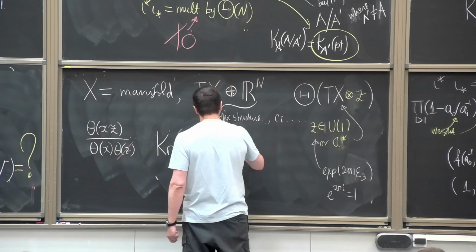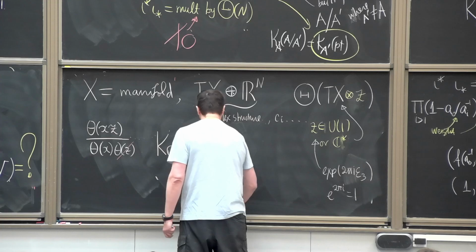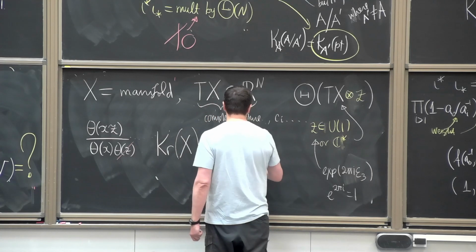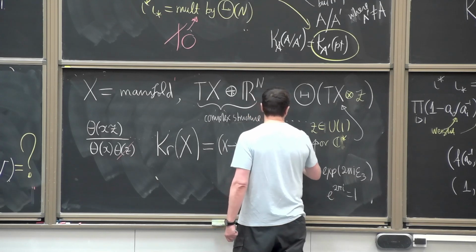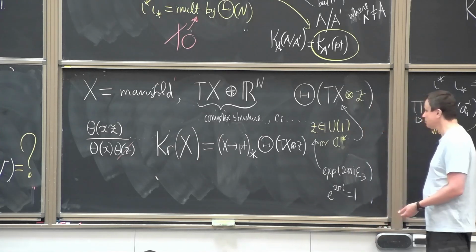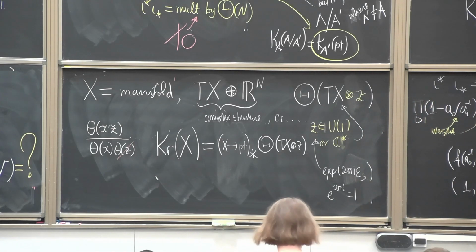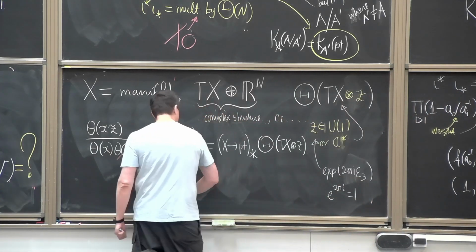I'll just write the Euler characteristic. No, I know. Push forward to a point. You push forward under the map from X to the point the theta of Tx. This is a function of z.